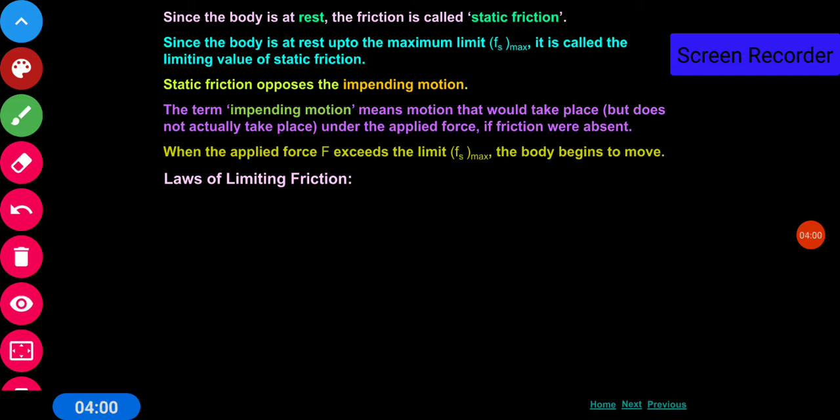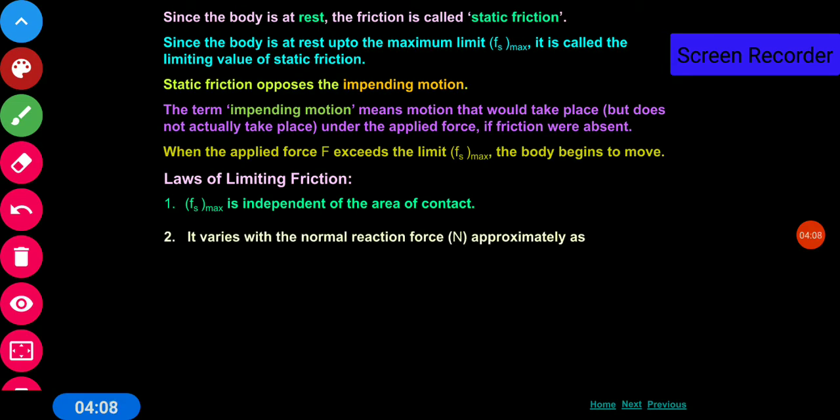Laws of limiting friction. Now, Fs maximum is independent of the area of contact. It varies with the normal reaction force N approximately as Fs maximum is directly proportional to N. So, the two important laws are that Fs maximum is independent of the area of the contact and it is directly proportional to the normal reaction.